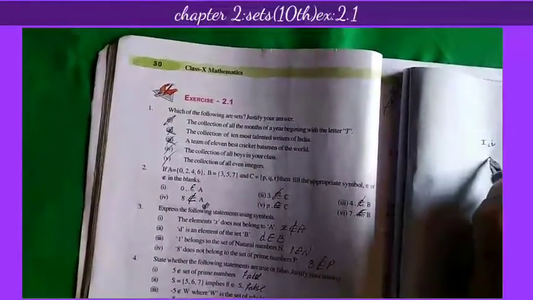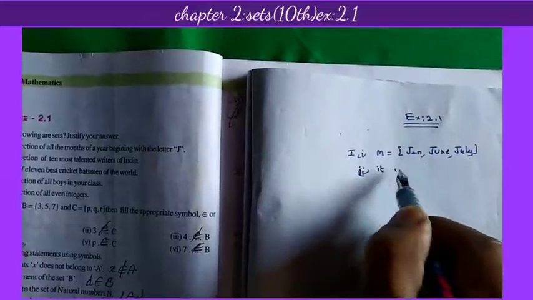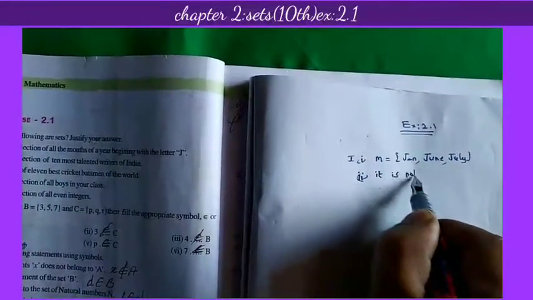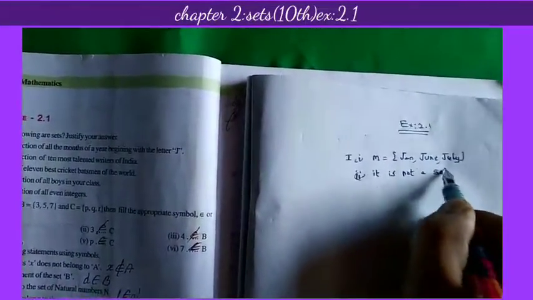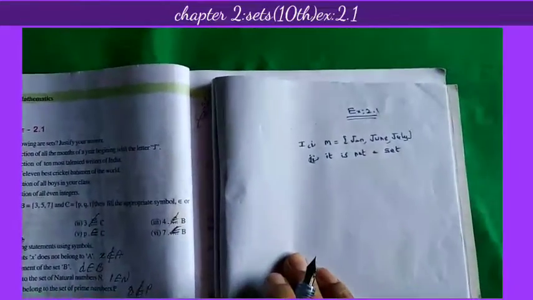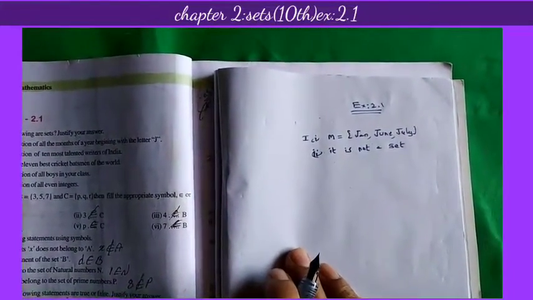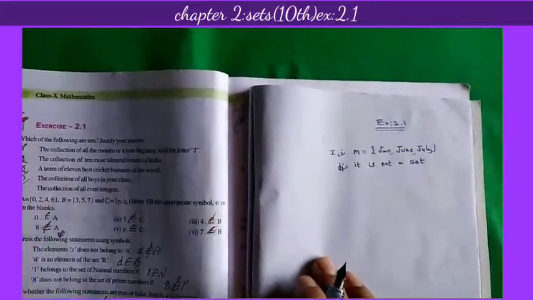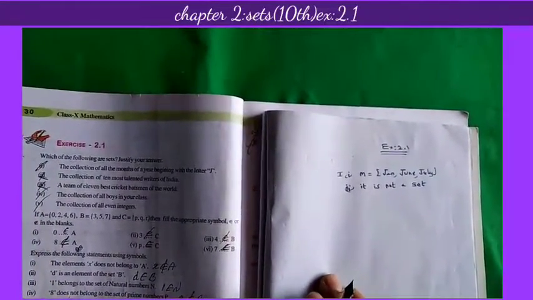So the second one is not a set. Why is it not a set? It cannot be accurately defined, because what is meant by talented?